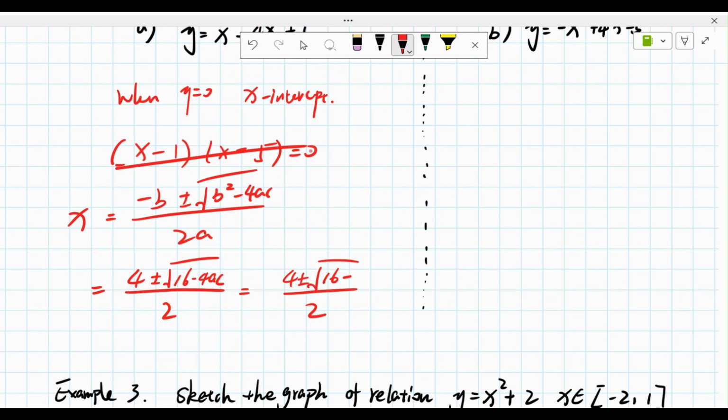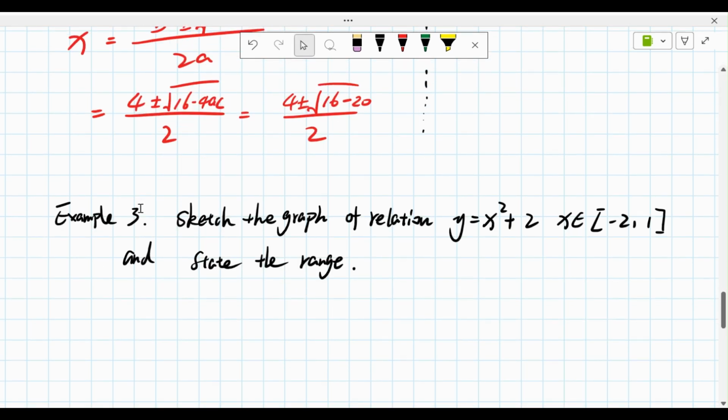Turns out b squared minus 4ac is less than 0, so there's no solution for the x-intercept.